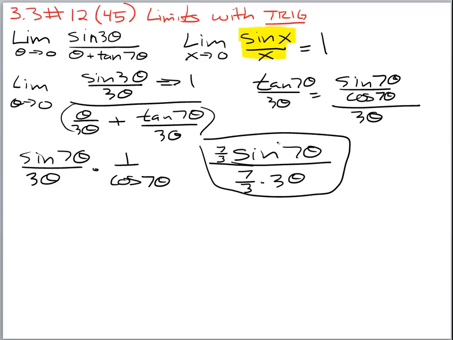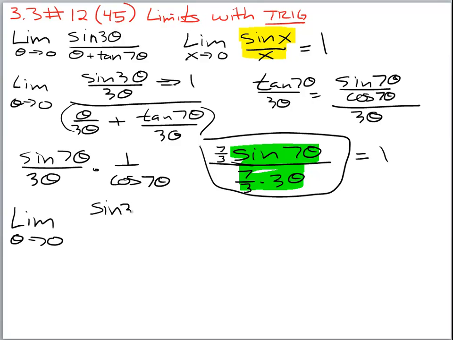And now we know that this will all become just sine of 7 theta over 7 theta, and that will equal 1. Right, and we'll be left with just 7/3. So let's put it all together so we can see it. So here's the limit, theta going to 0. On top we have sine 3 theta over 3 theta.